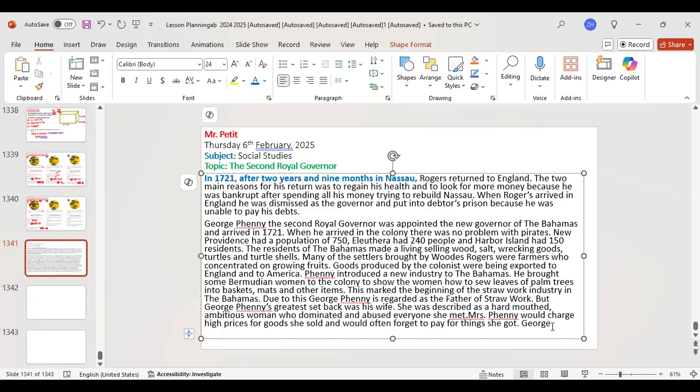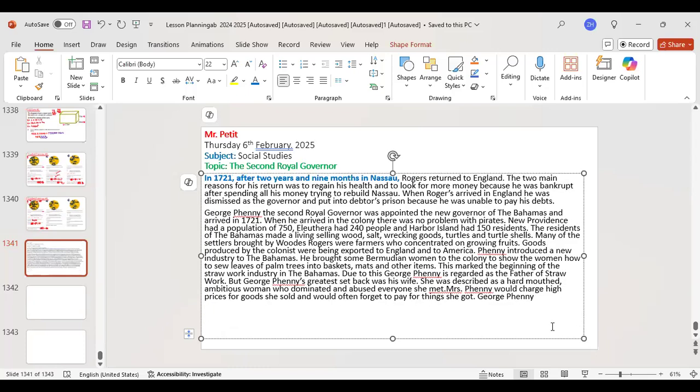George Finney was eventually dismissed in 1729 because of his wife. So it's very important that you be careful who you decide to wed, because guess what?